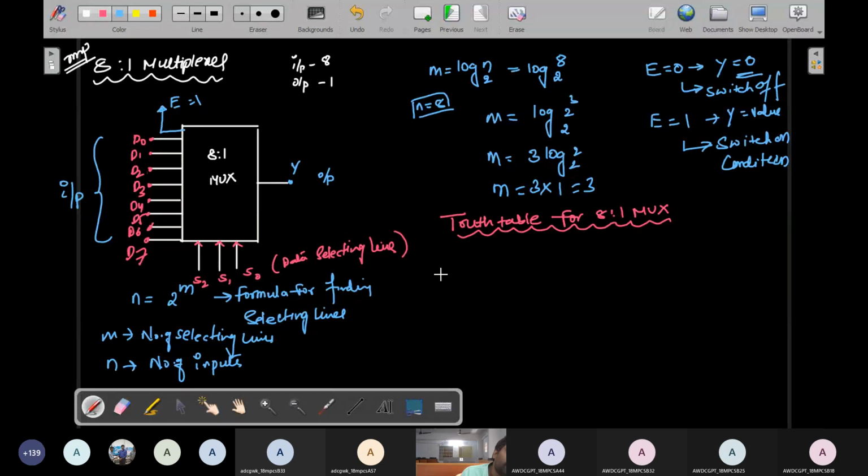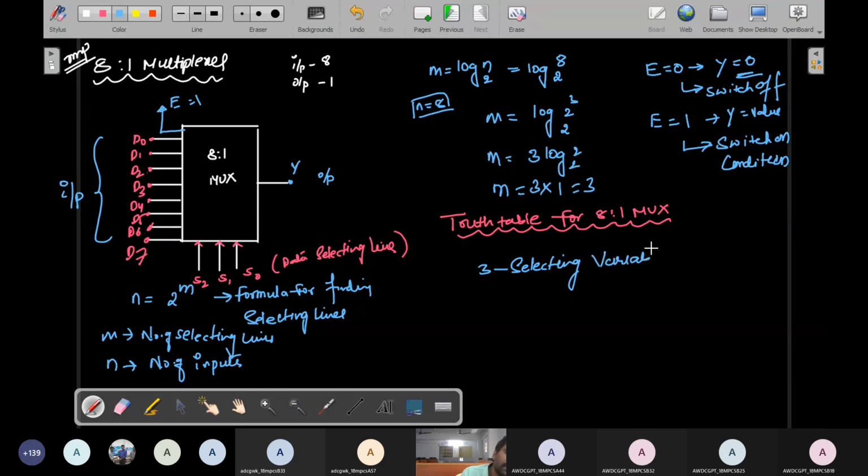So I want to find out the truth table. We are using three selecting lines. Three selecting lines, selecting variables.